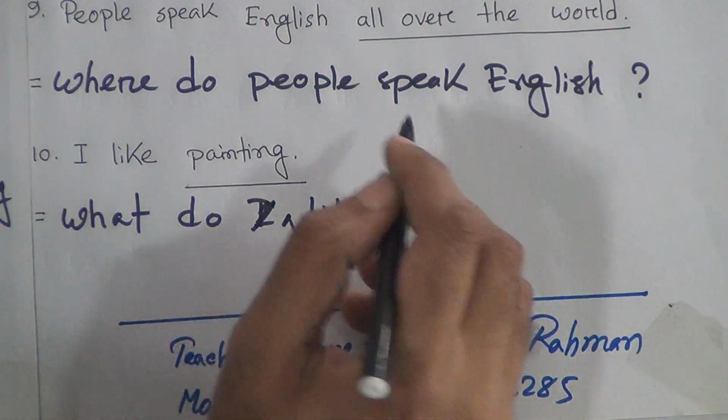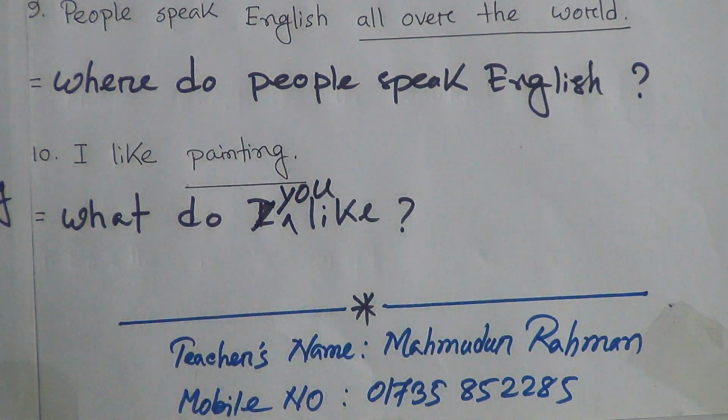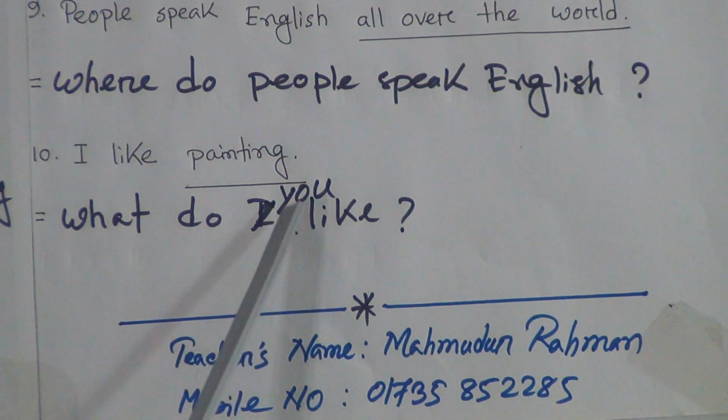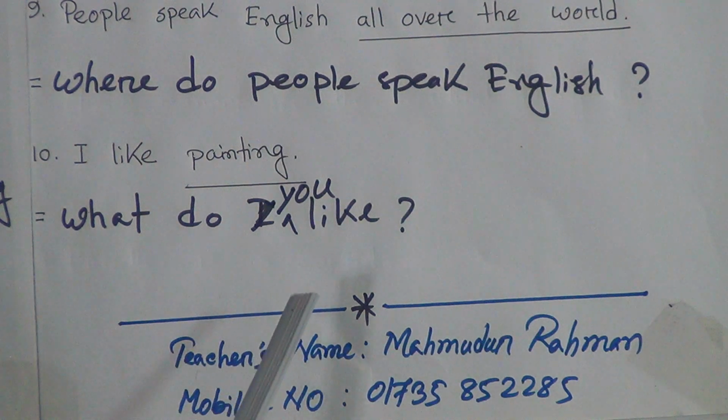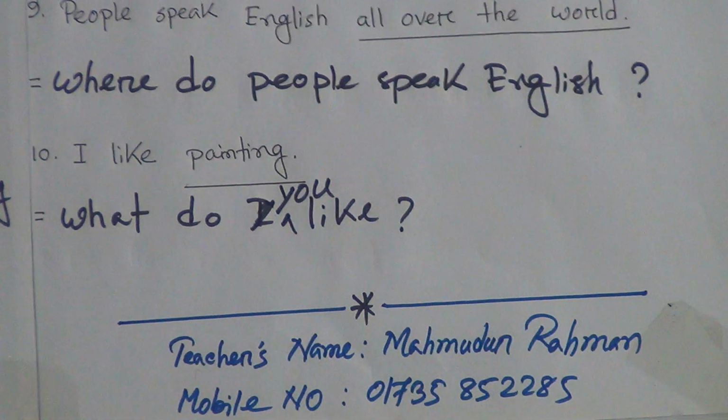Here we will use you, because when I ask a question with you, you will answer that I like painting. So this is the answer of question number 1 to 10.